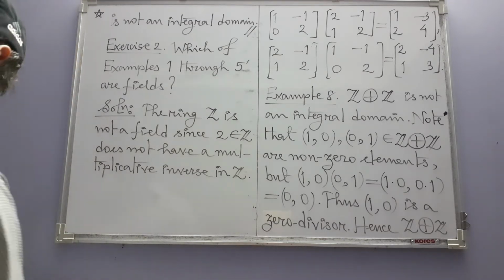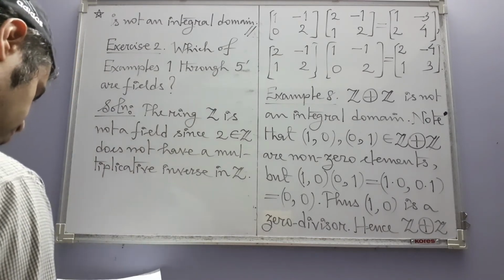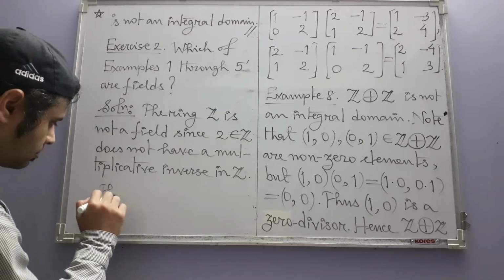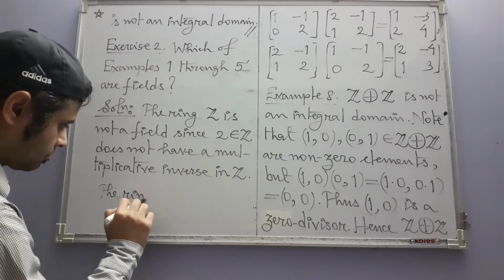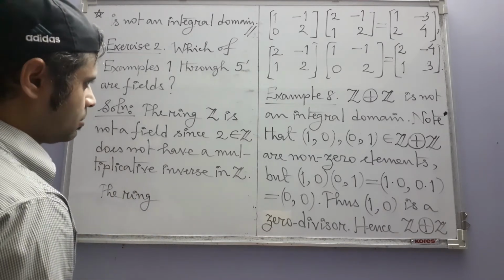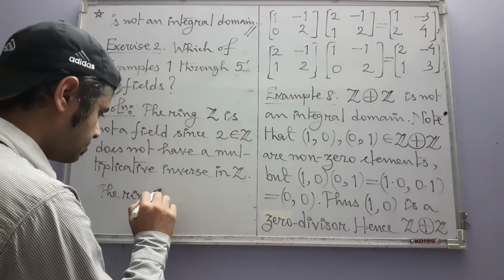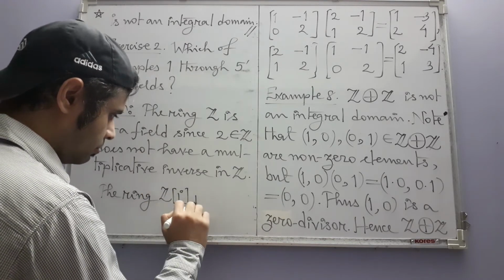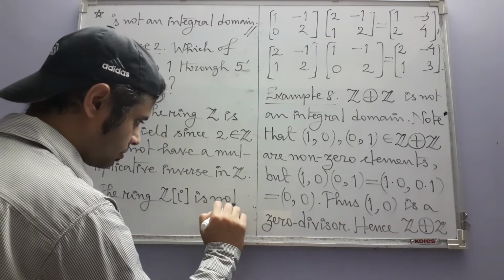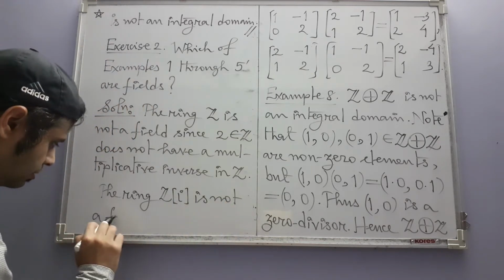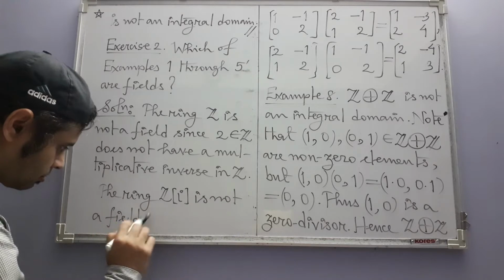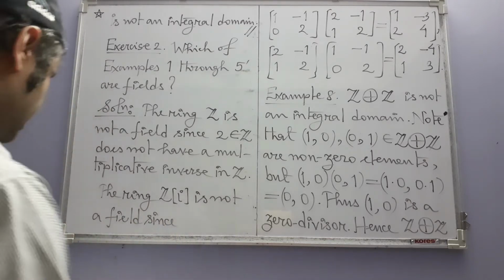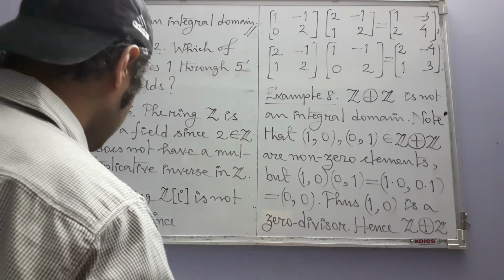The next one was what? The ring of Gaussian integers. The ring is not a field since this element does not have a multiplicative inverse.